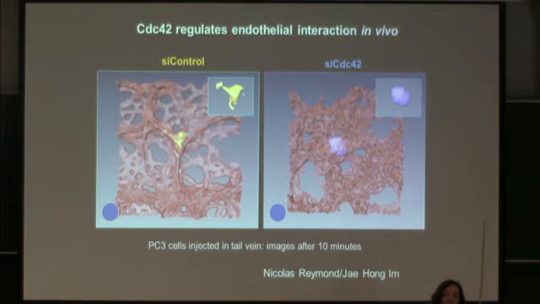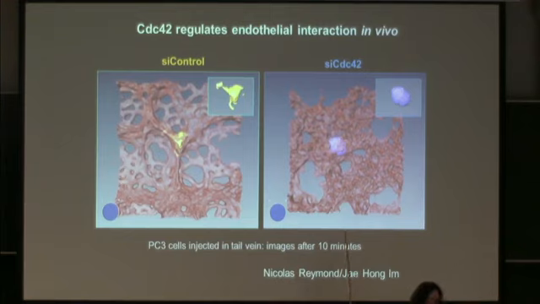It's easiest to inject into a vein in the tail, which is quite big. Because it's a vein, the cells go back into the heart straight away, and then they go out into the lung.